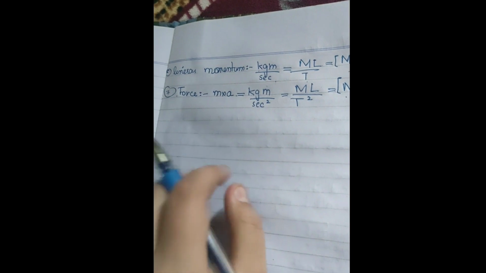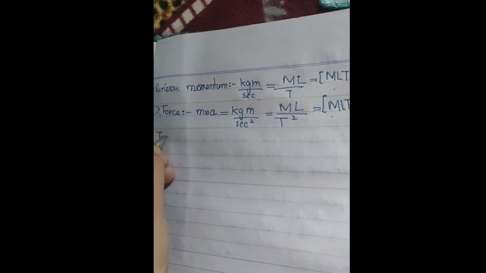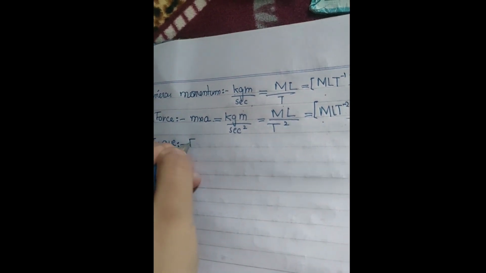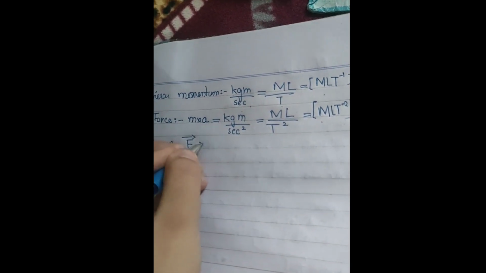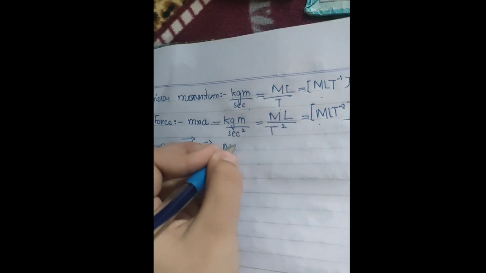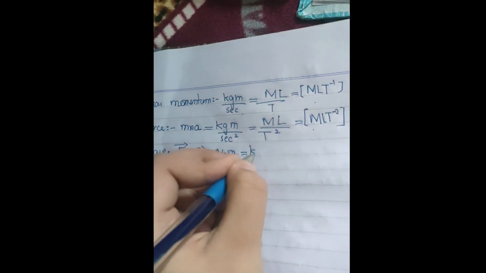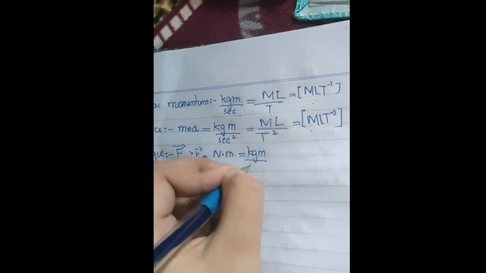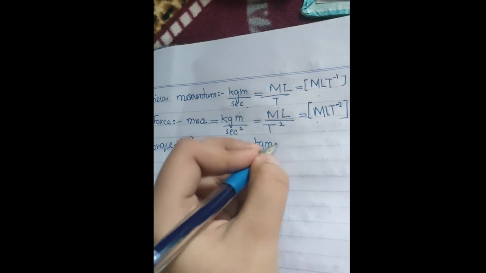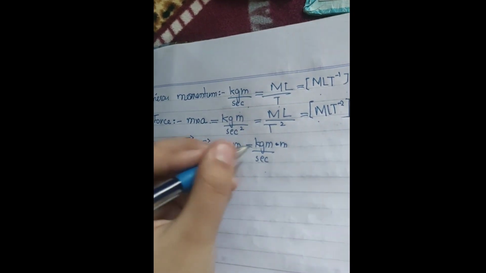Now we have the 8th one, that is torque, and the formula of torque is force times r vector. So force is in Newton meter, and Newton is basically kilogram meter per second square, then we have meter times meter.